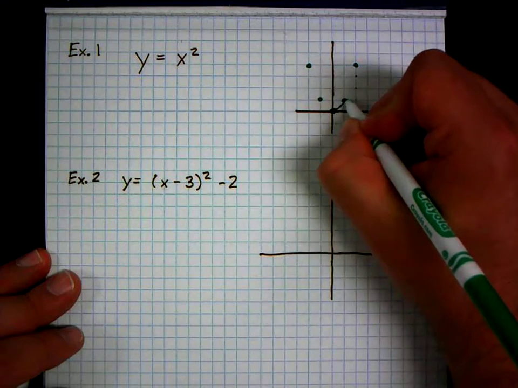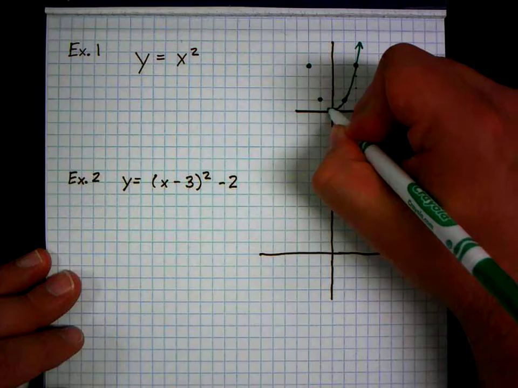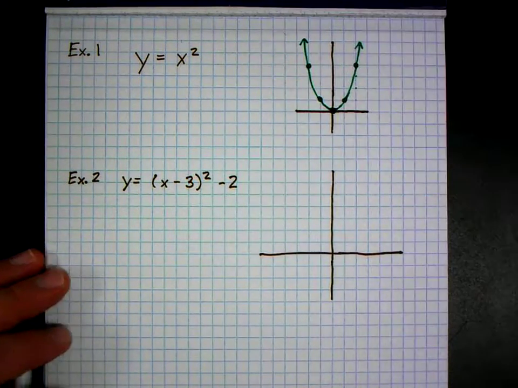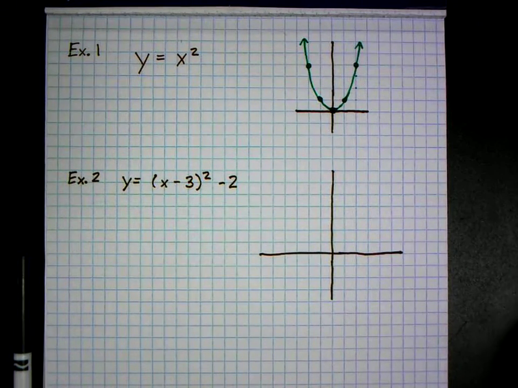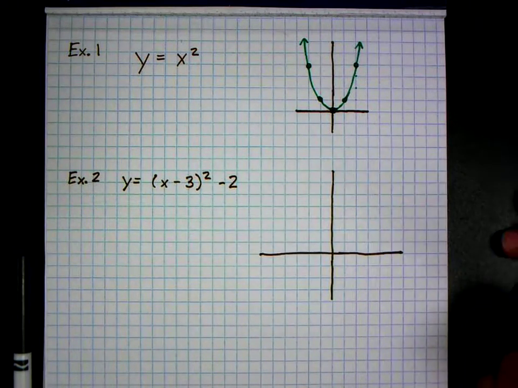So this is my parent function. I wanted to have that to start off with so we can see how it's changing each of our graphs. In the past, I've tried putting the little dotted graph on each one of them, but that seems to cause more confusion than doing any good. So I'll just make a base graph to start off with.